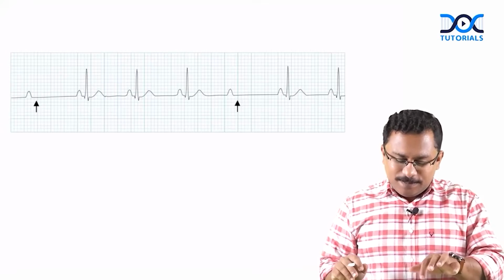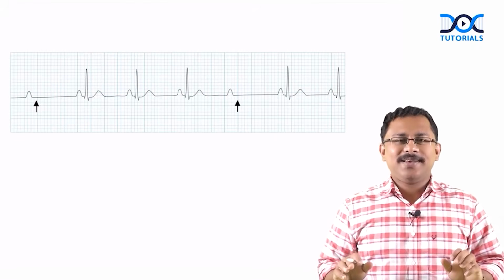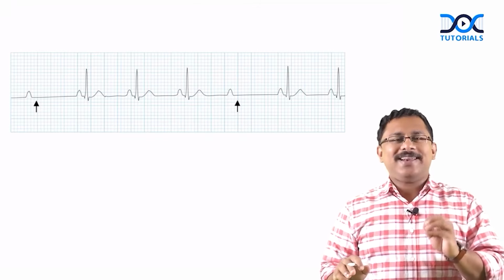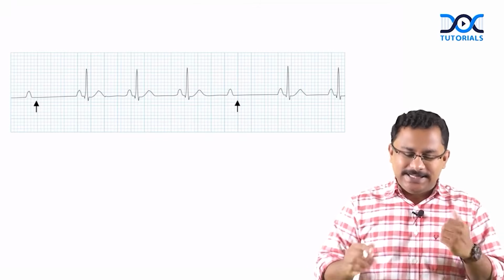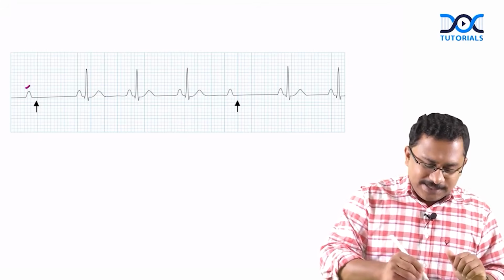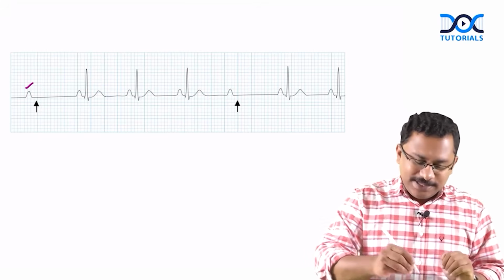Now, you look at this particular ECG. This is an abnormal ECG. So, what is peculiar about the relationship between P and QRS in this ECG? You see here, there is a P wave, but following that there is no QRS complex.